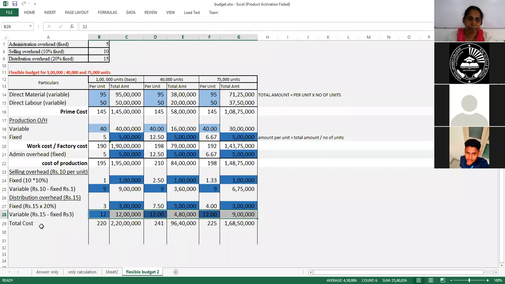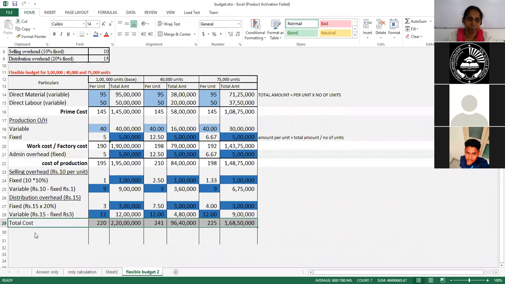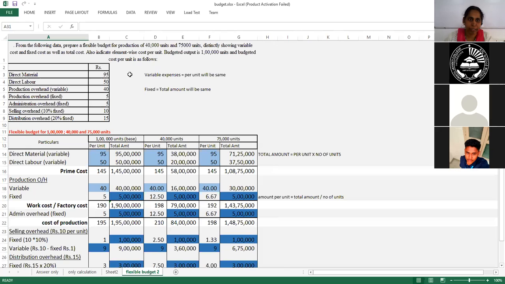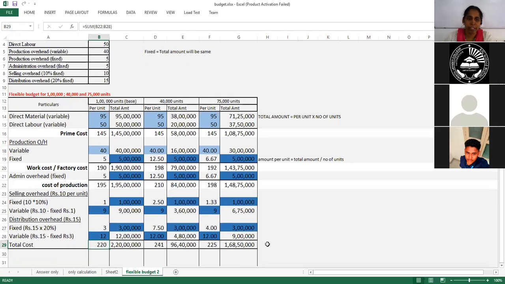So this is the total cost. And the last line, they have given total number of labor hours, anything is given. That's it. Okay, total cost. So they have asked you to calculate budgeted per unit cost. So you have given all the budgeted per unit cost. So this is the total cost.